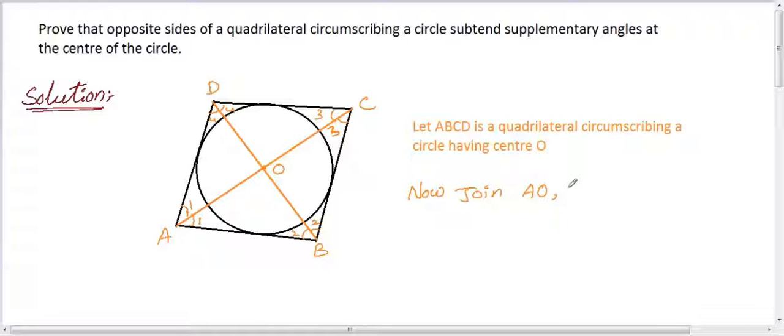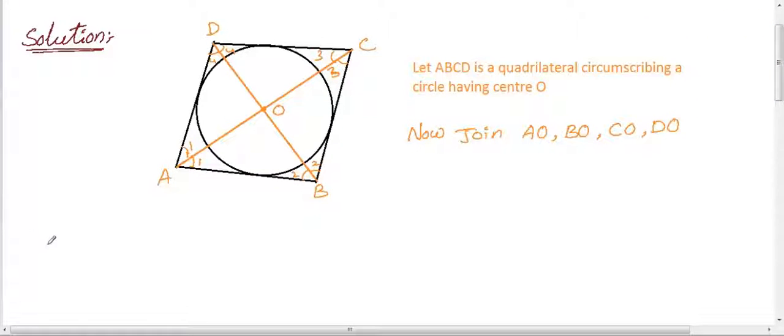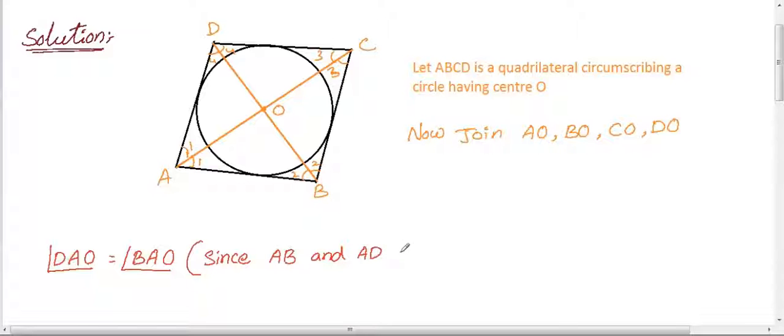Now join AO, BO, CO and DO. In angle DAO, which is 1, the angle DAO is equal to angle BAO, because AD and AB are the tangents.